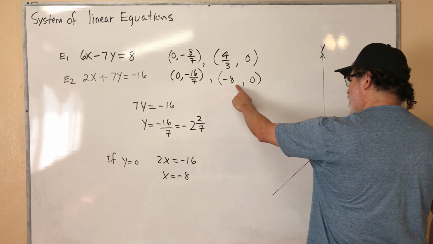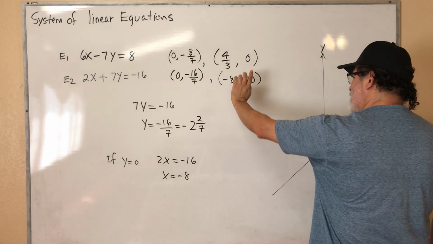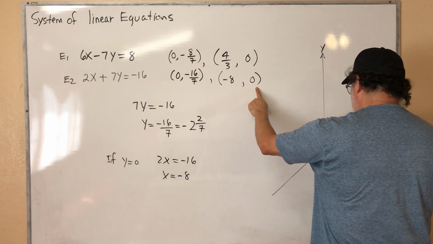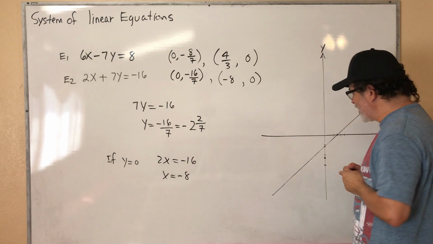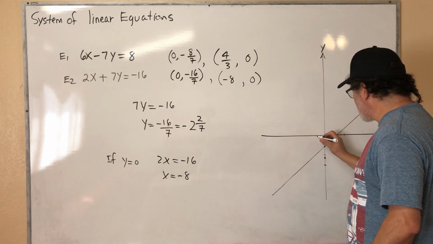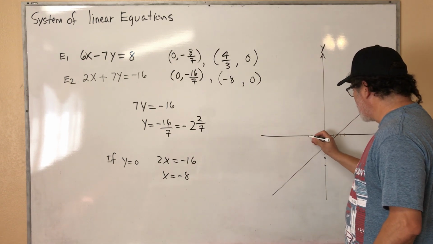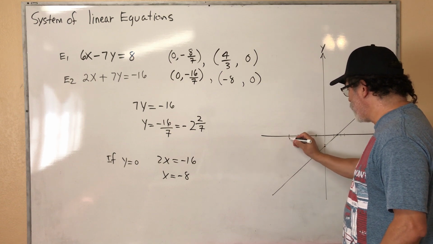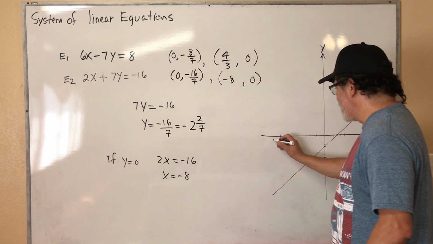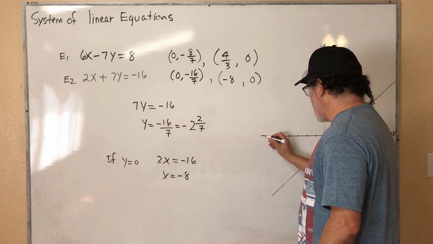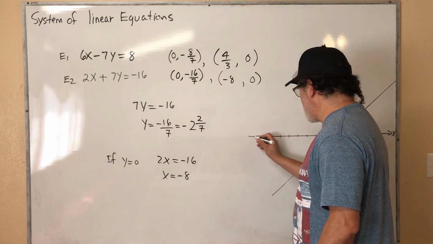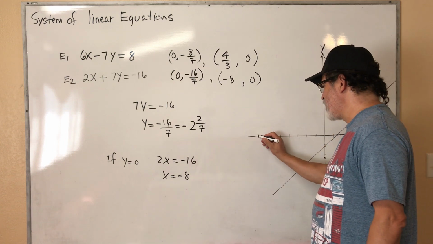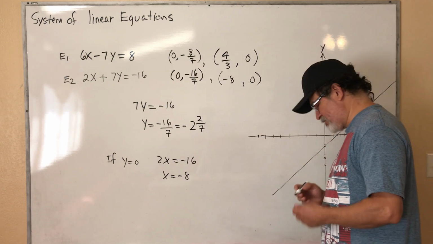Let's graph this one. If x is negative 8, y is 0. X is negative 8: negative 1, negative 2, negative 3, negative 4, negative 5, negative 6, negative 7, and negative 8. Y is 0, right there.